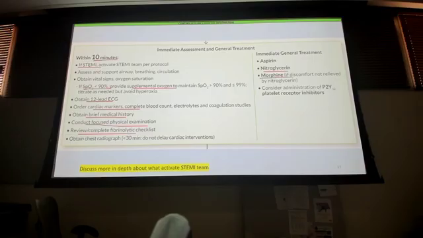But morphine is given only if the discomfort is not relieved by nitro. Okay, so you're not giving every patient morphine like we previously taught when we talked about MONA-B. So morphine only if pain is not resolved or relieved with nitroglycerin.